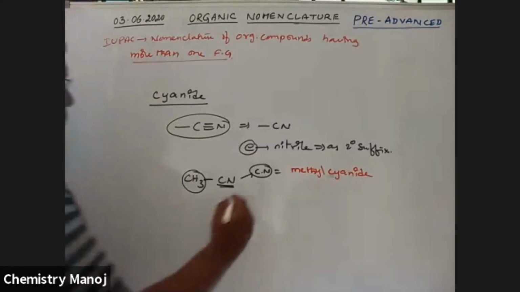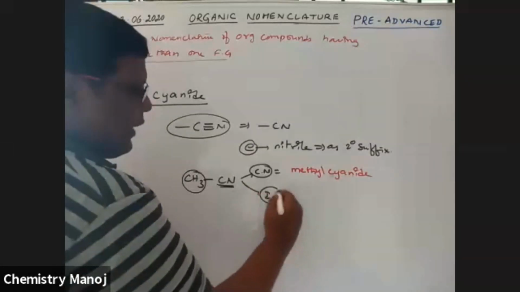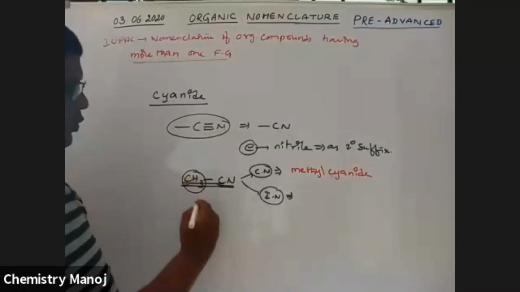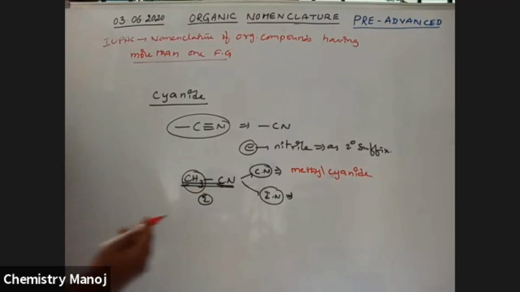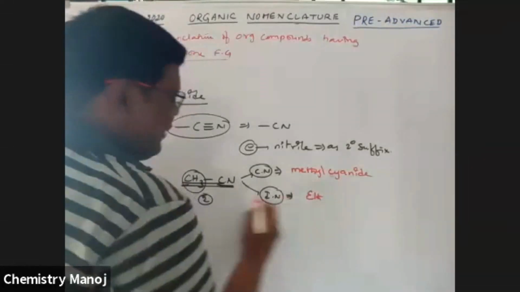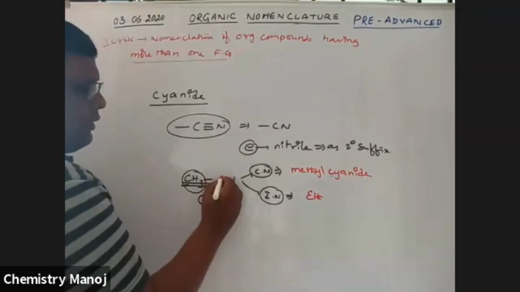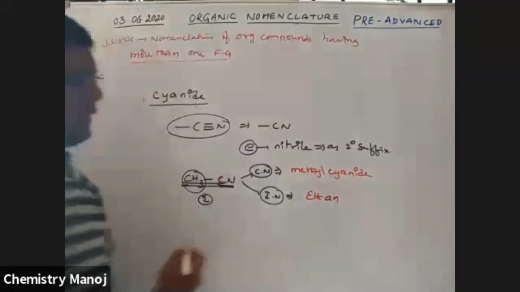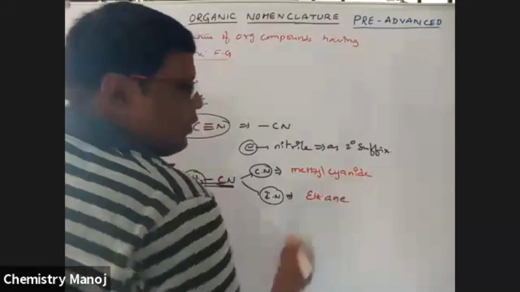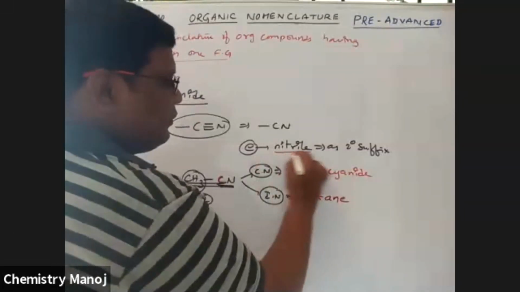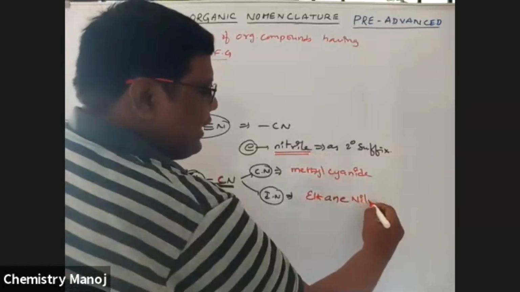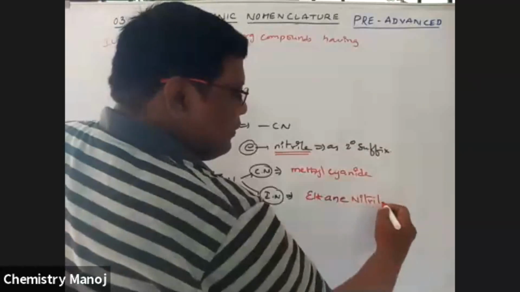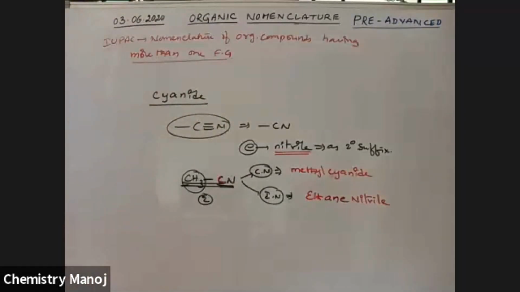But the IUPAC name of this compound: here is a 2-carbon chain, and the cyanide carbon is also counted in it. 2 carbons, eth, AN, ethane nitrile. Ethane nitrile is the IUPAC name of this compound.